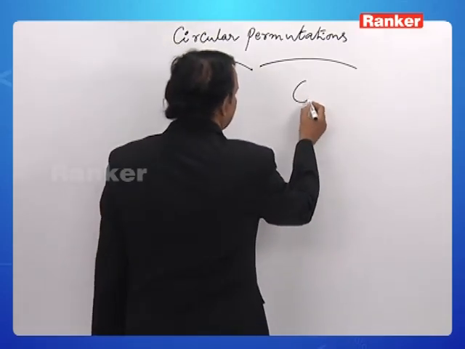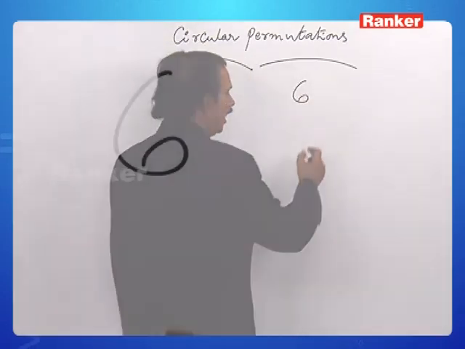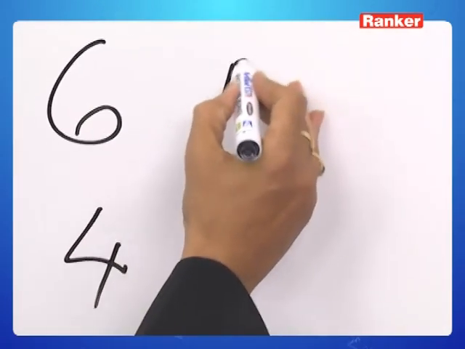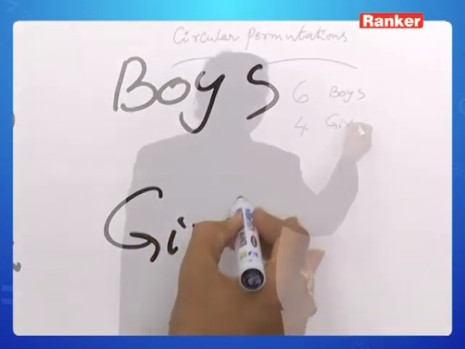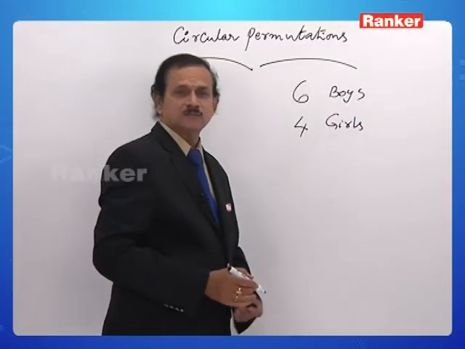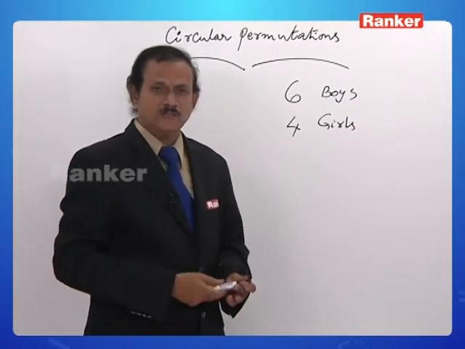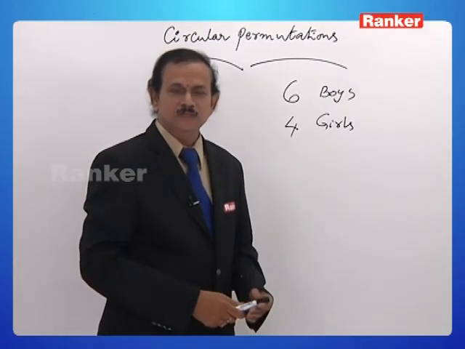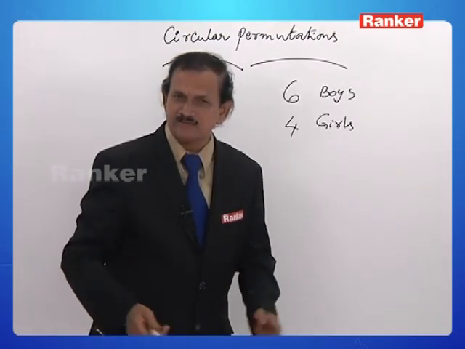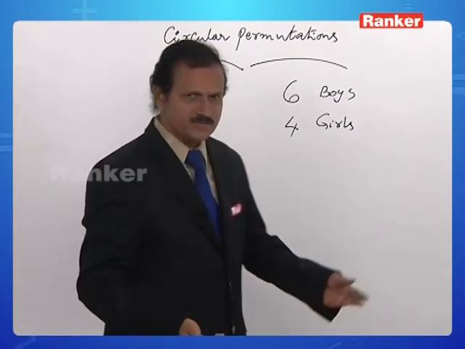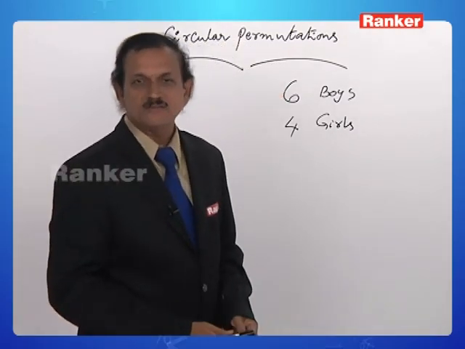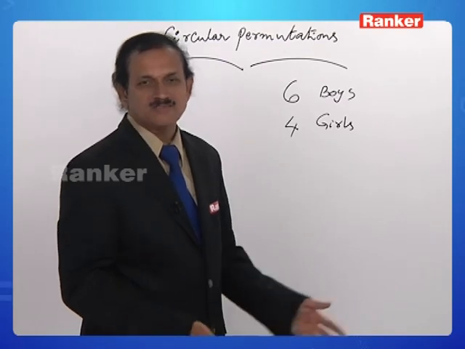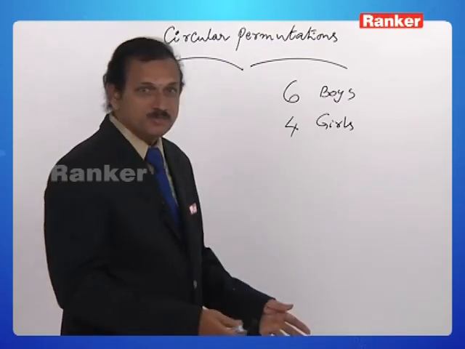There are 6 boys and 4 girls. Altogether 10 in number. How many ways can we arrange them in a circle? 10 minus 1, that is 9 factorial. Usual answer. No change in it. No question of any variety. There has been a twist here.